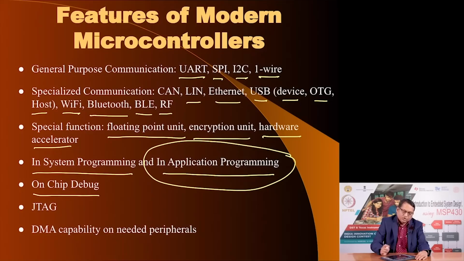Modern microcontrollers also offer on-chip debug capability, which means that while you have built your system, if your system is not working properly, you can invoke the on-chip debug function to find out what is wrong by inspecting the internal registers and memory locations. Modern microcontrollers may offer JTAG, which is the Joint Test Action Group protocol, which allows you to invoke the on-chip debug function.